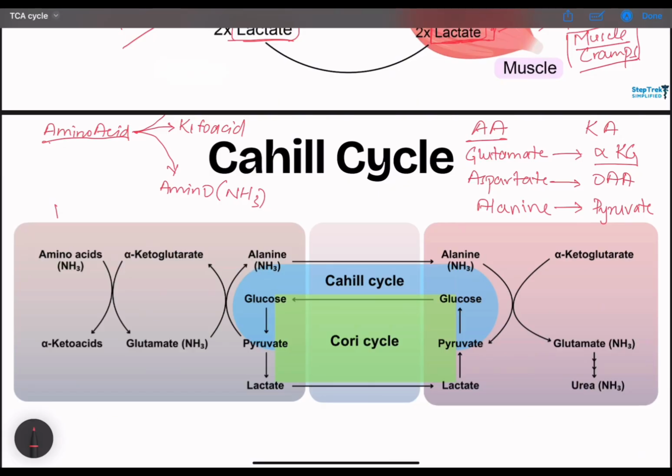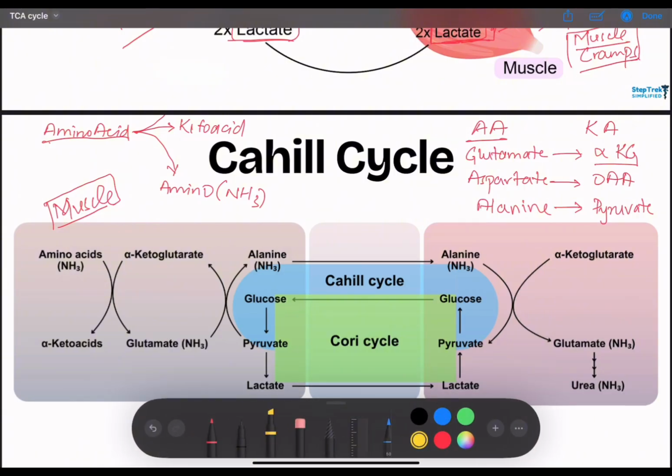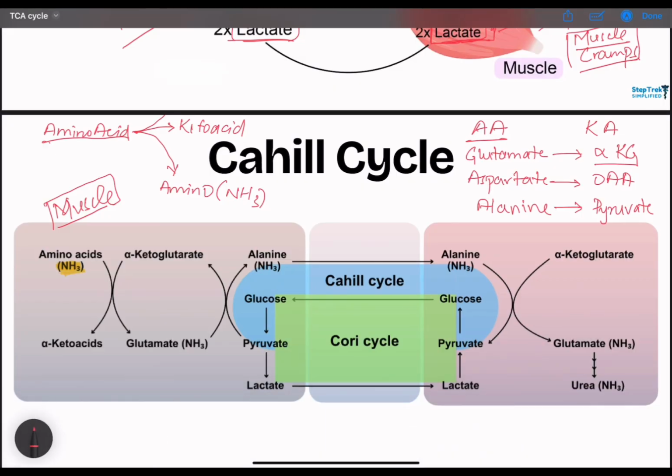This is muscle. So in muscle, when an amino acid loses its amino group, it is converted into a keto acid, and this amino group is given to alpha ketoglutarate, which is converted into glutamate.